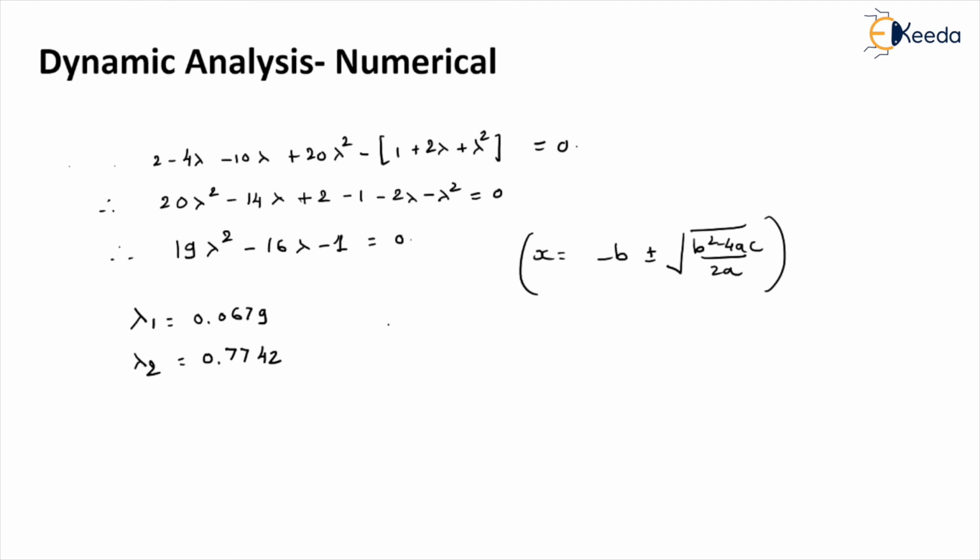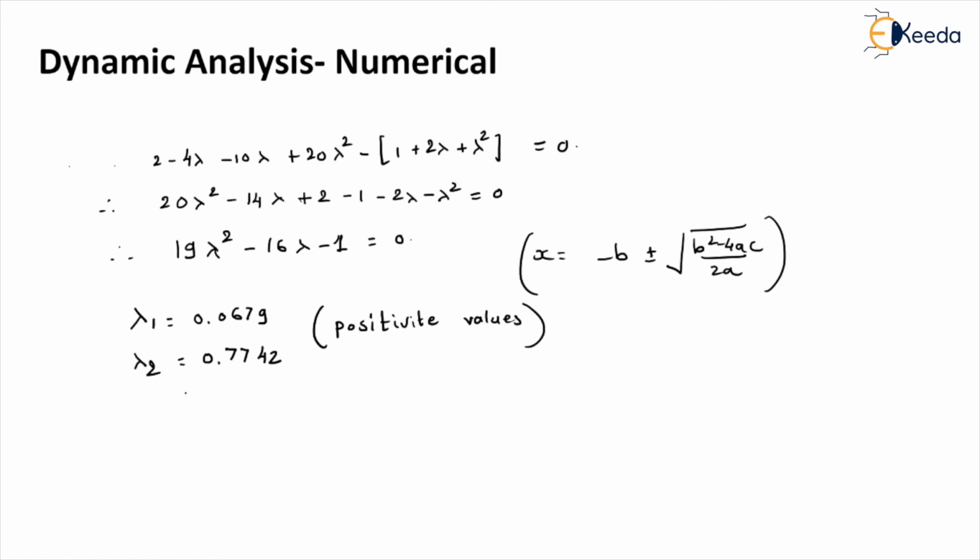We will get other values also, but those will be negative values, so we need to consider the positive values only. So by solving this equation, we get the values of eigenvalue 1 and eigenvalue 2 in this way.